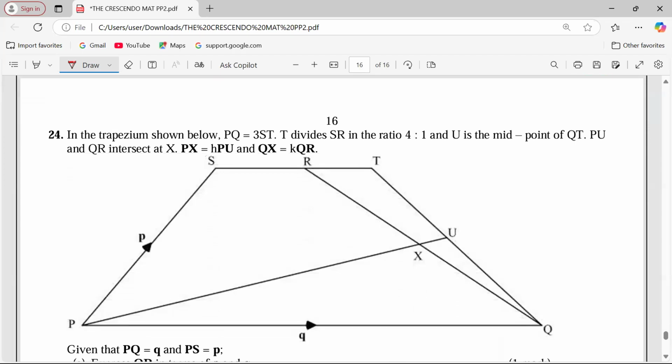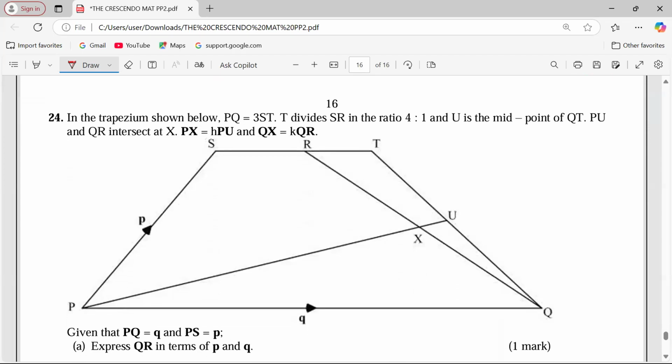Number 24, which is the last in this case. In the trapezium shown below, PQ equals 3 times ST. Then T divides SR in the ratio 4:1. All right, that must be a mistake, because when we talk about 4:1, that means an internal divider.